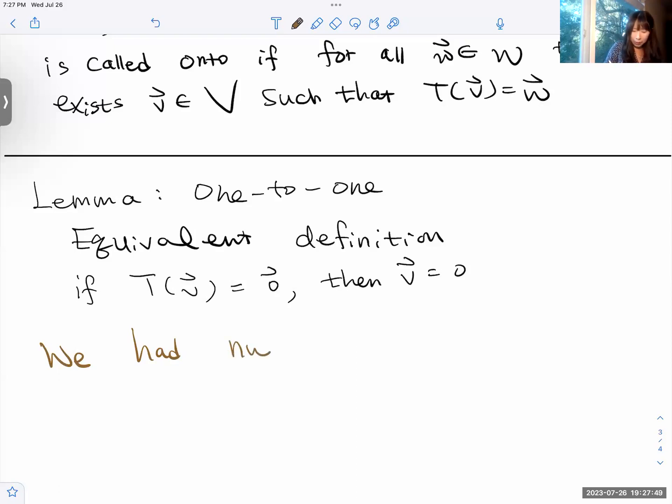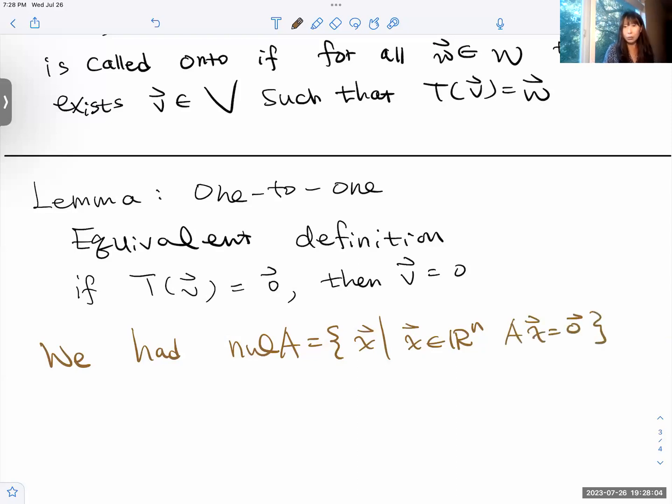So we had the null space of A. We have x such that x in R^n and Ax equal to the 0 vector, right? We had this one last time. This one is very similar, right? This one we call the kernel.